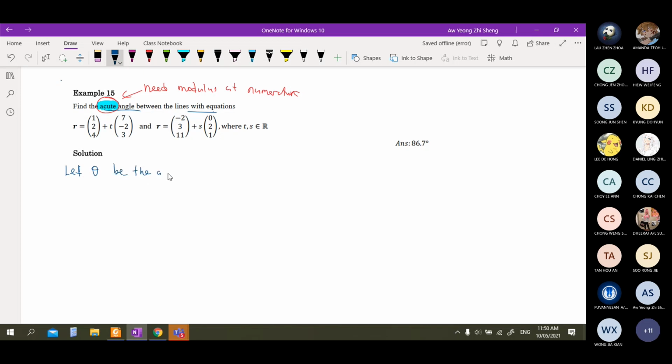Let theta be the acute angle between the two lines. Then you apply the formula for cos theta. With modulus at the top, you are taking the dot product of the direction vectors, then dividing by their lengths.